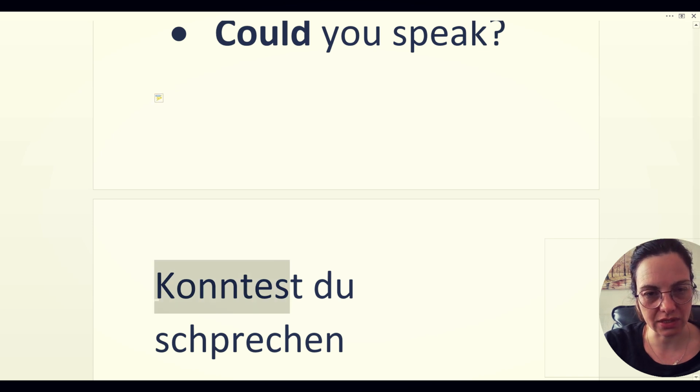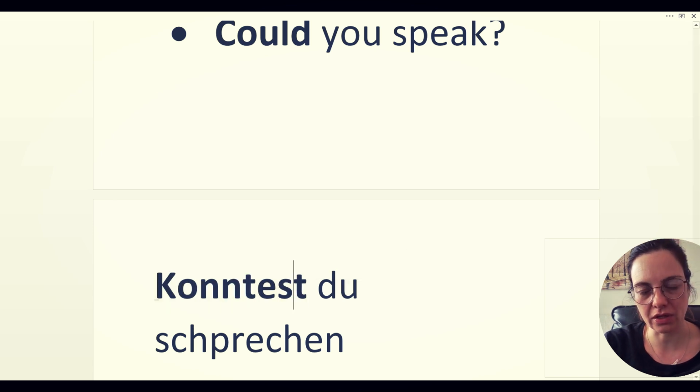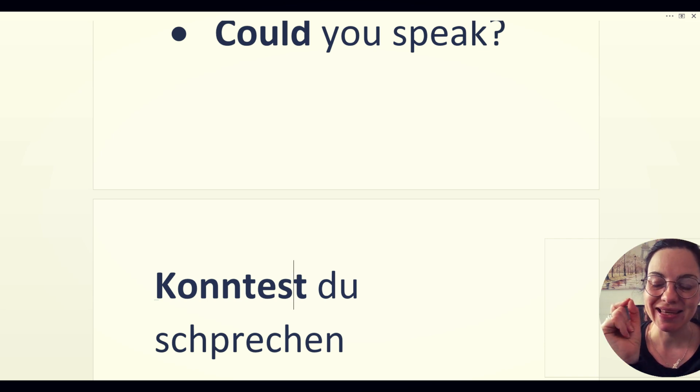So it's the second person singular Präteritum. Ich konnte, du konntest, sie, es konnte. So it works with all modal verbs. We put them in the past in Präteritum. Ich musste, ich sollte, ich wollte. All with T. Ich musste, du musstest, er musste. Ich konnte, du konntest, er konnte und so weiter.